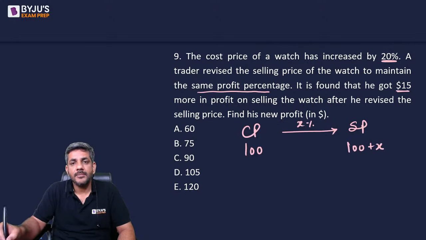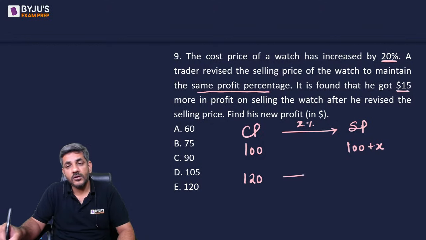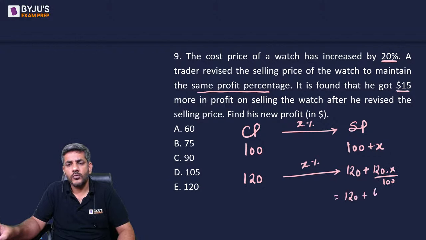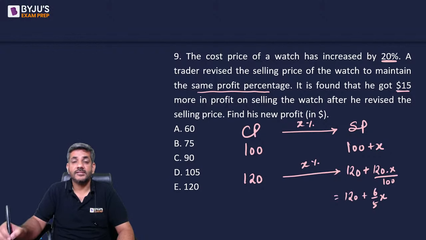Now the cost has increased by 20%, so the new cost is 120, but he wants the same profit percentage, that is X%. So the selling price he wants now should be 120 plus X% of 120, and X% of 120 would be 120 into X divided by 100. I can also call it 120 plus 6 by 5X.